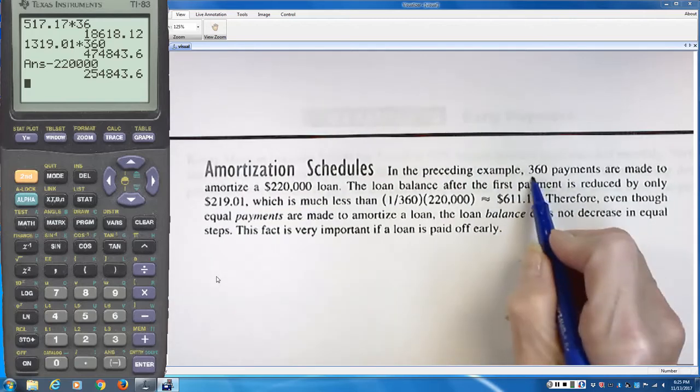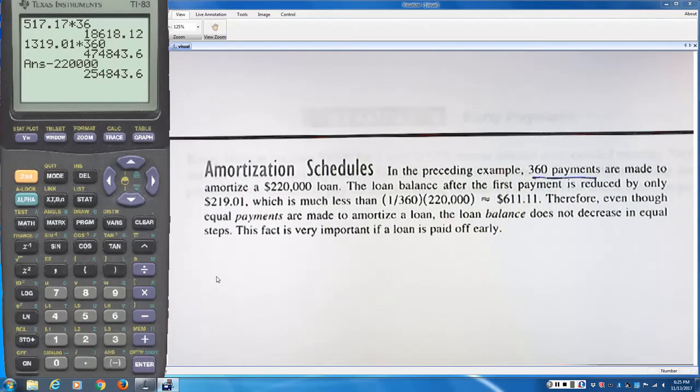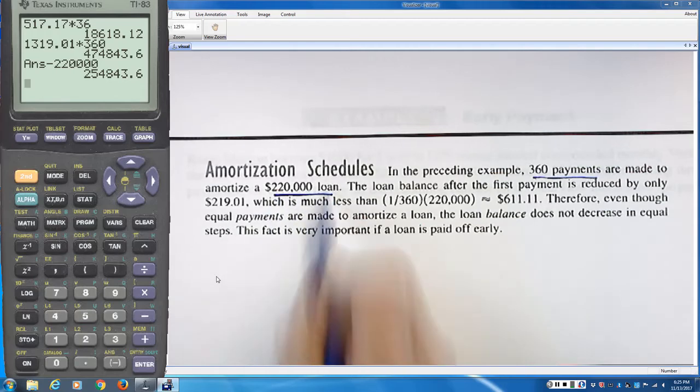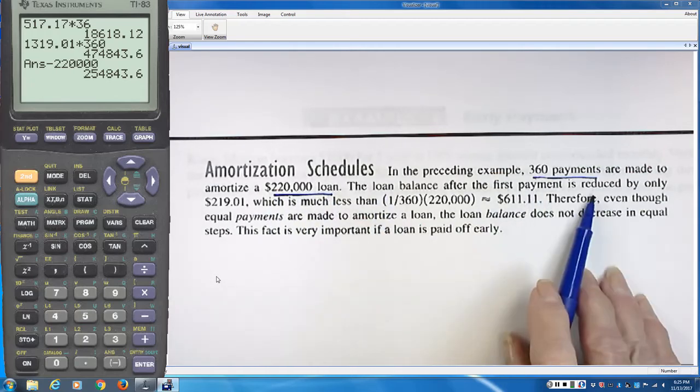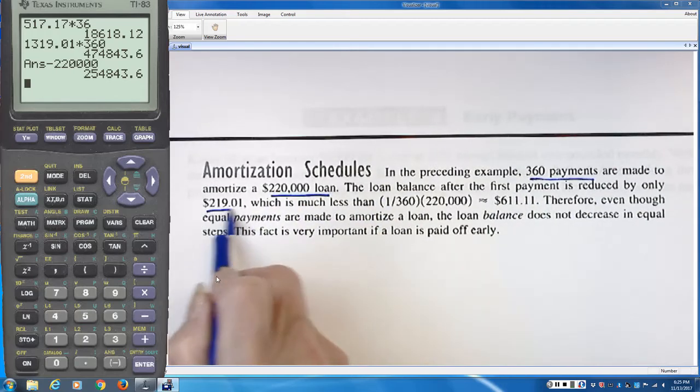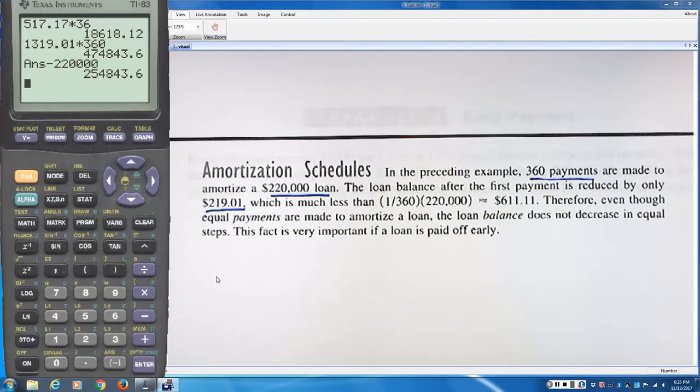They're making 360 payments to amortize a $220,000 loan. The loan balance after the first payment is reduced by only $219.01, which is a whole lot less than their loan payment. So even though equal payments are made to amortize the loan, the balance doesn't decrease equally throughout the life of the loan.